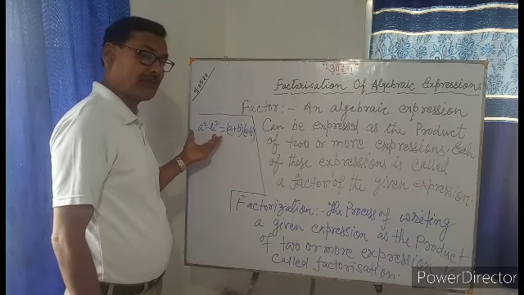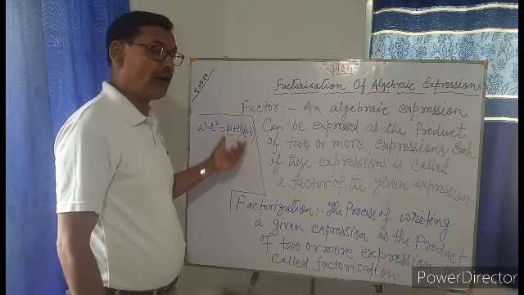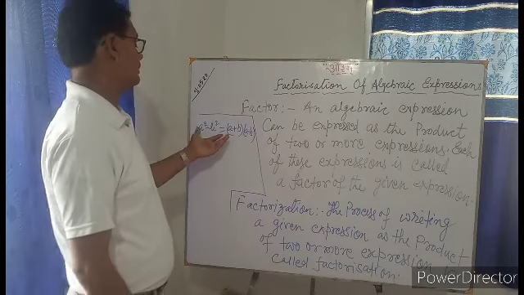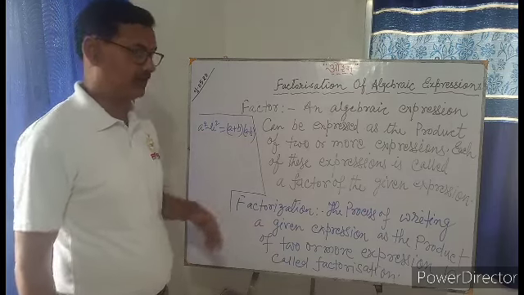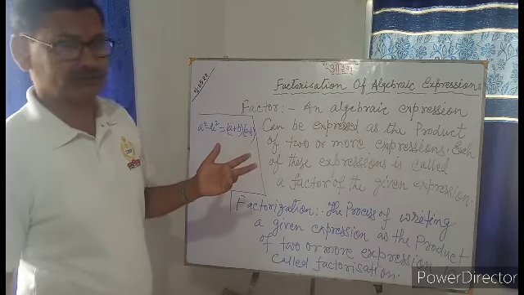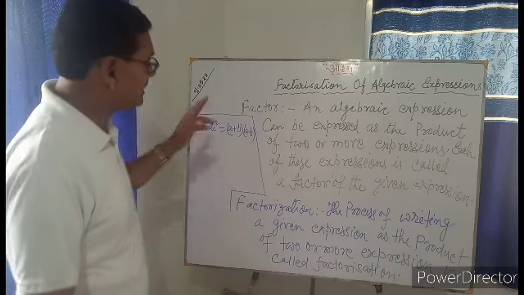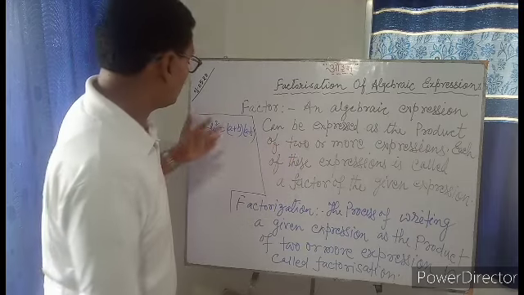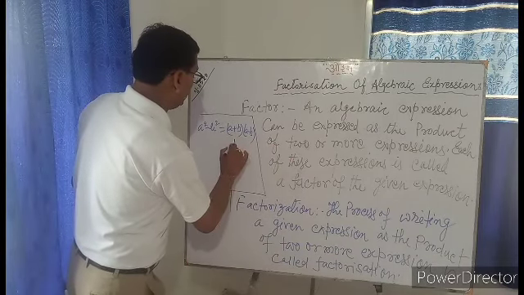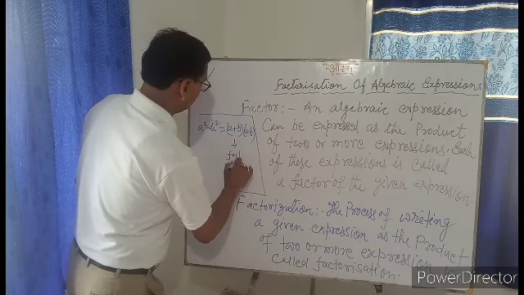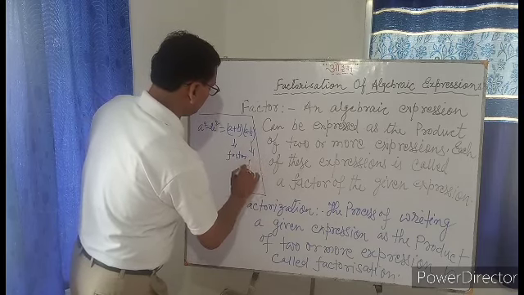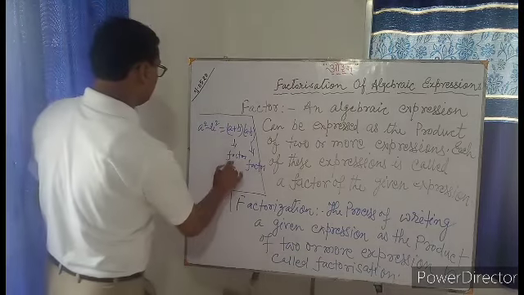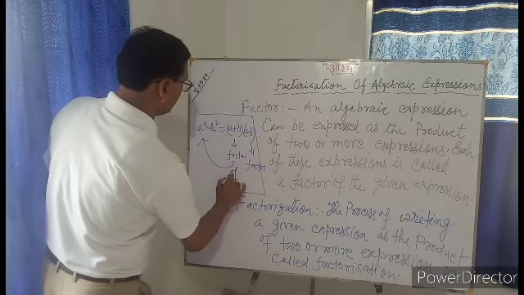This expression a square minus b square is written in the form of the product of a plus b and a minus b. a plus b is also an expression, a minus b is also an expression. So a square minus b square can be written as the product of two expressions. What are they? a plus b into a minus b. So a plus b and a minus b are called factors of a square minus b square.